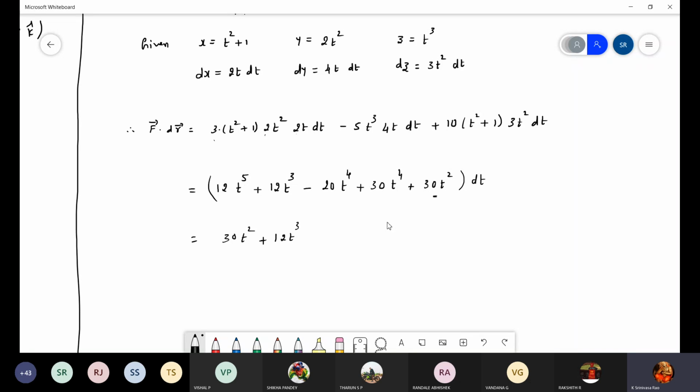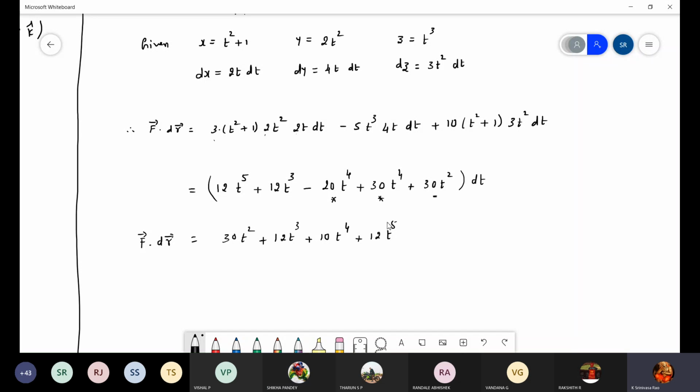Here you see t to the power 4 has two terms: 30 minus 20 is plus 10t to the power 4, and last one plus 12t to the power 5. So this is the final expression of F dot dr. Is it right?